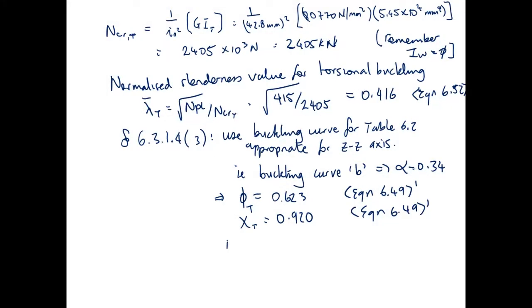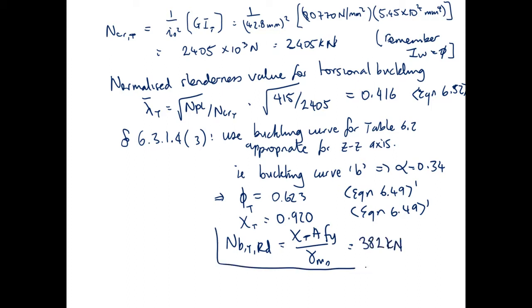And then you get the torsional buckling resistance, which is the reduction factor times the cross-sectional resistance. Put that in there and you get 382 kilonewtons. Okay, so that's the torsional one done.